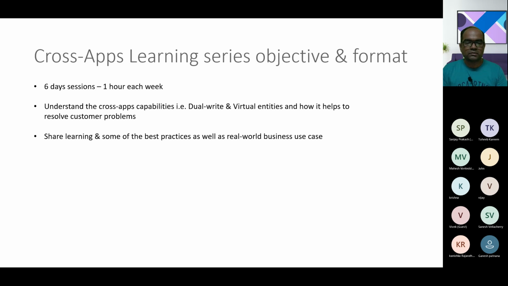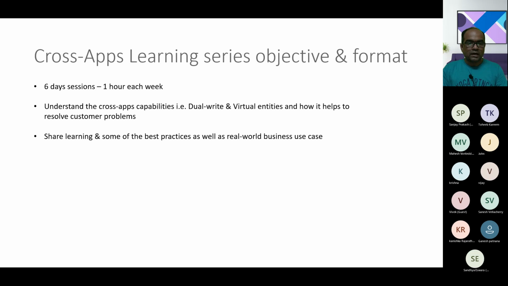Last week we talked about dual write: what dual write is all about, the key business use cases, the whole infrastructure of dual write, and how data is synchronized between both apps, that is the customer engagement or Power App, and the finance and operations app. We also touched on how it helps resolve real customer problem statements. Another objective of this series is to share our learnings and real-world business use cases.